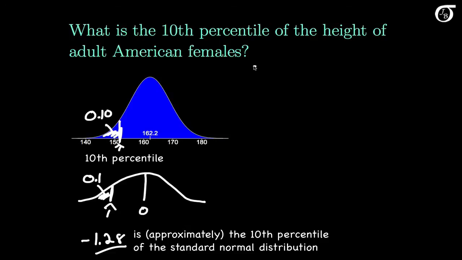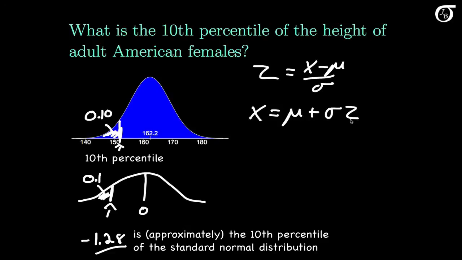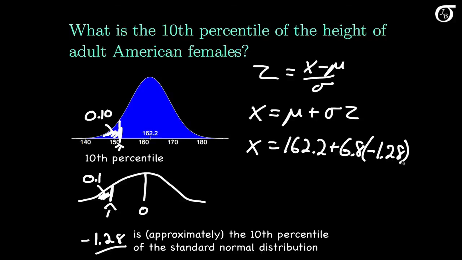And since we know that z is equal to x minus mu over sigma, if we rework this, we can see that x is equal to mu plus sigma z. And so the 10th percentile of the distribution of heights is going to be equal to 162.2, the mean, plus the standard deviation of 6.8 times the 10th percentile of the standard normal distribution, which was minus 1.28.